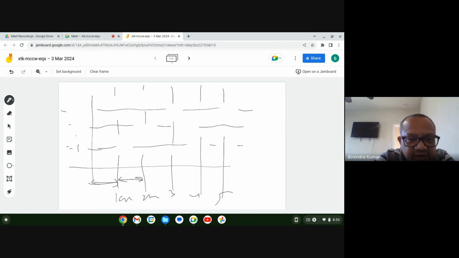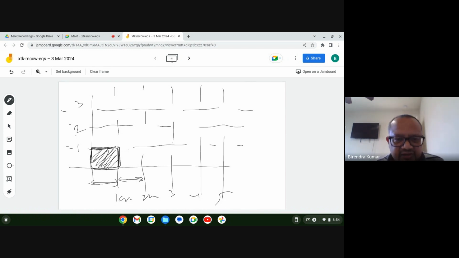Likewise, here also it will be 1, 2, 3, 4. Now let's look at this box alone. If you look at this box, this is 1 centimeter in length and 1 centimeter in width. This is called a box which is 1 centimeter in length and 1 centimeter in width.